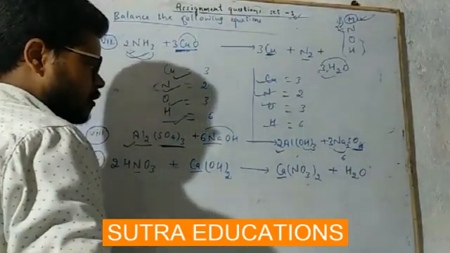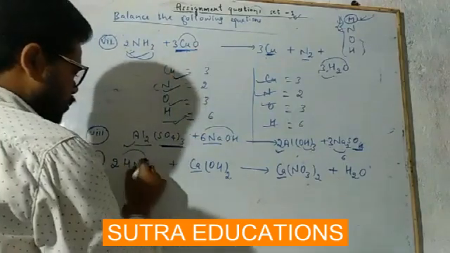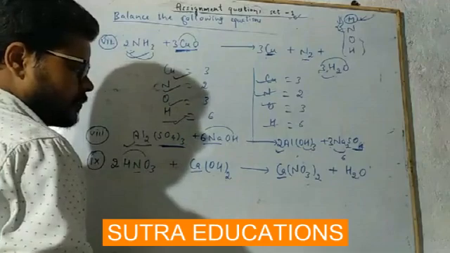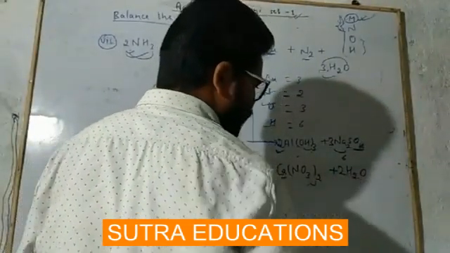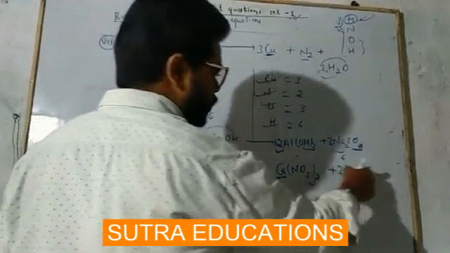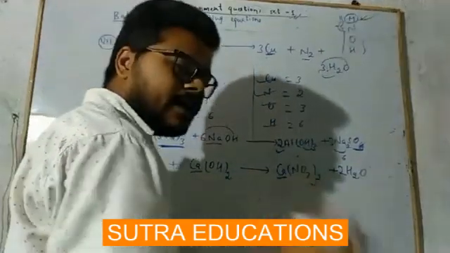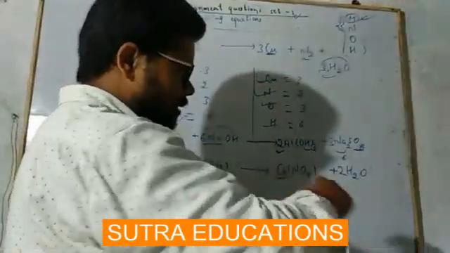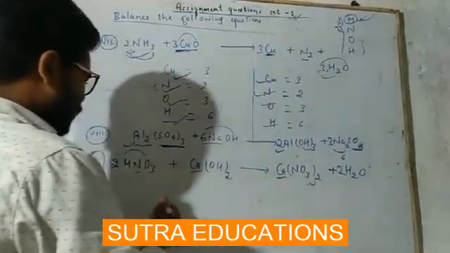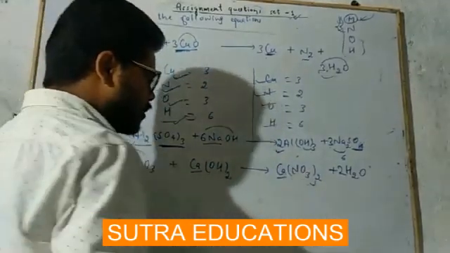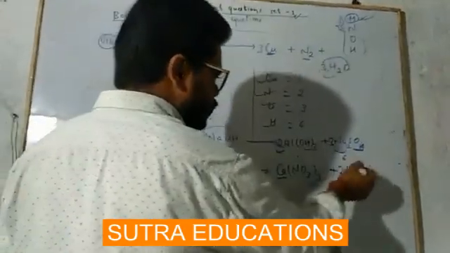Okay, now come to oxygen. Oxygen is 3 into 2, 6 plus 2, 8. Here oxygen is 3 into 2, 6 plus 2, 8 after multiplying this by 2. Now check again whether the metal and non-metal are balanced or not. Metal was calcium, balanced; non-metal nitrogen 2, balanced. Oxygen is 8 on both sides, balanced.